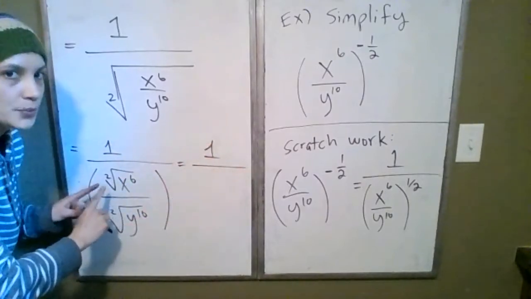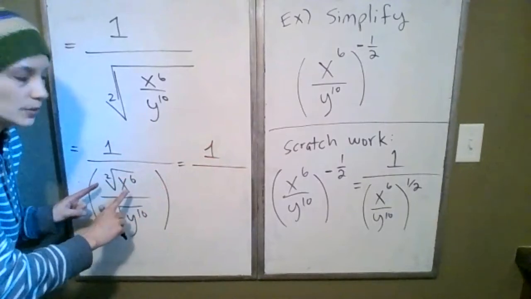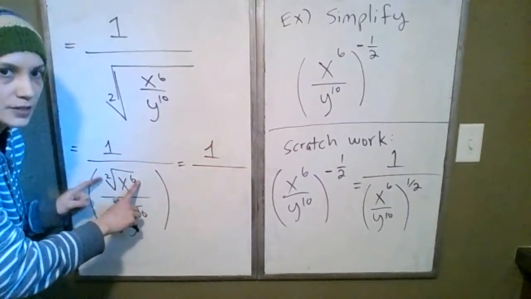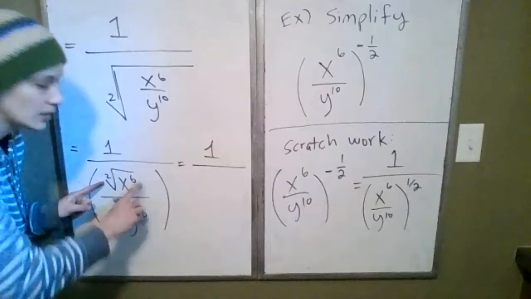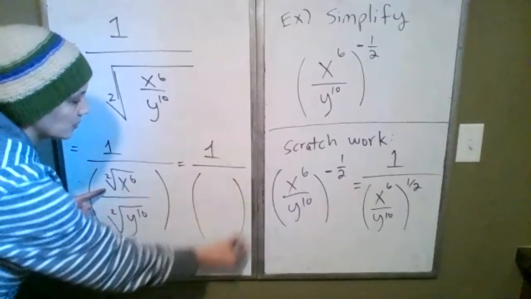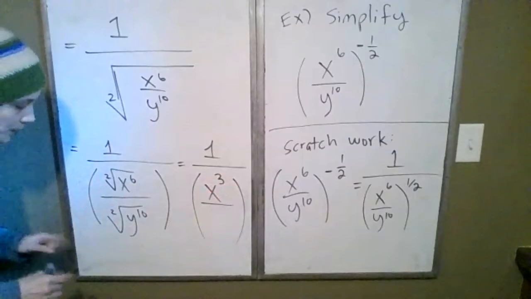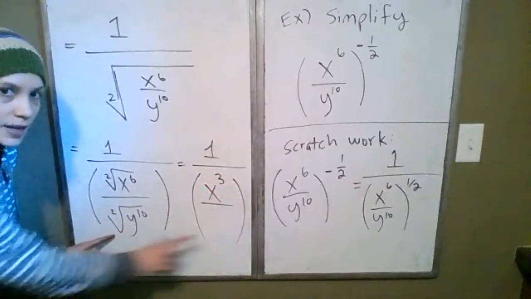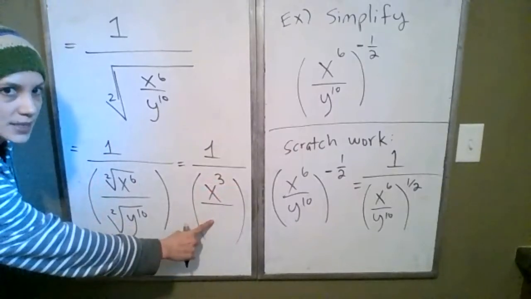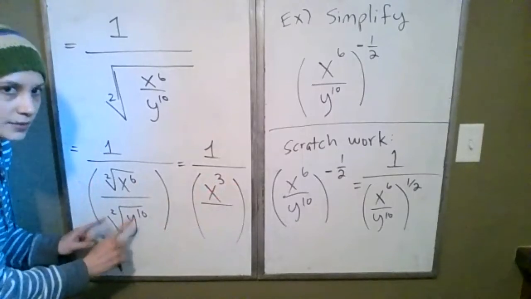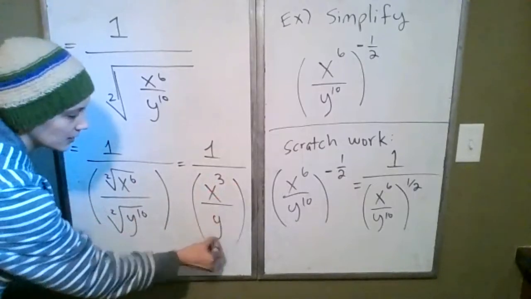Let's talk about the root of x to the 6th. I'm going to do that trick we had before of taking that power 6, dividing by 2, and you get 3. So what's in the numerator of this part is x cubed. And for the denominator of what's in the parentheses, take that power 10, divide by 2, and you get 5. So y to the 5th is in the denominator.